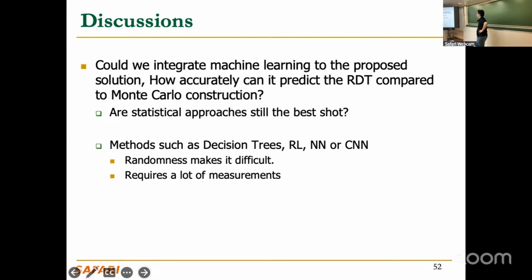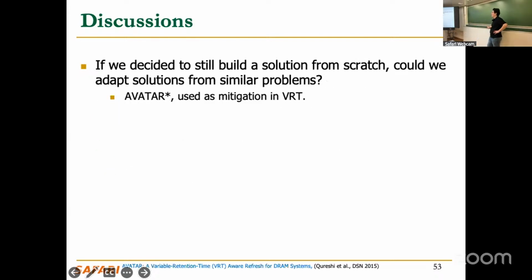So in that case, maybe we can move to something that is more answerable. If we decided to build a solution from scratch, meaning that we decide to throw all solutions or mitigations away, could we adapt similar solutions from the industry? In this case, we have Avatar, which is used as a mitigation strategy in variable retention time.